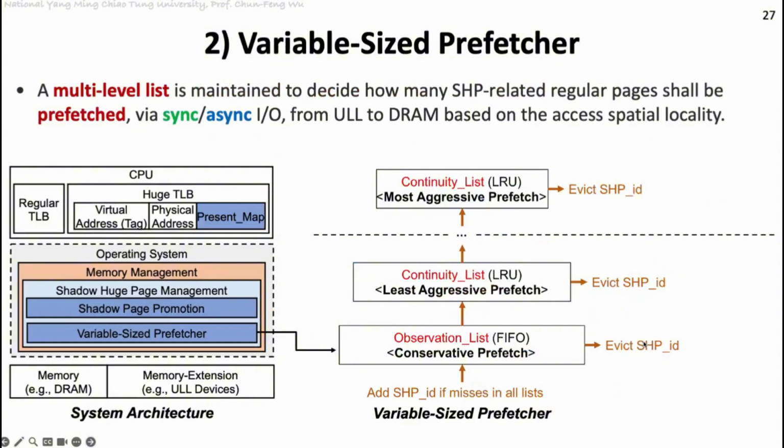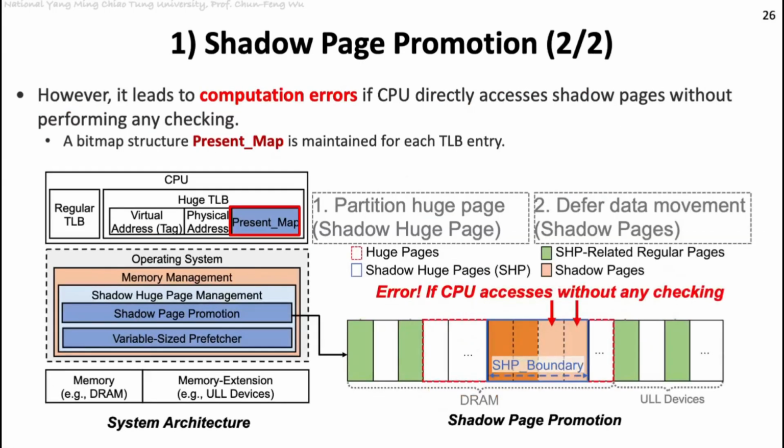Okay. But we have another issue here. Say this is a 256 kilobyte patch. A 256 kilobyte patch means about 64 4-kilobyte areas, right?